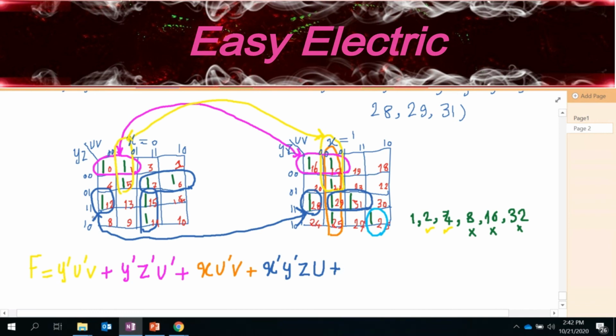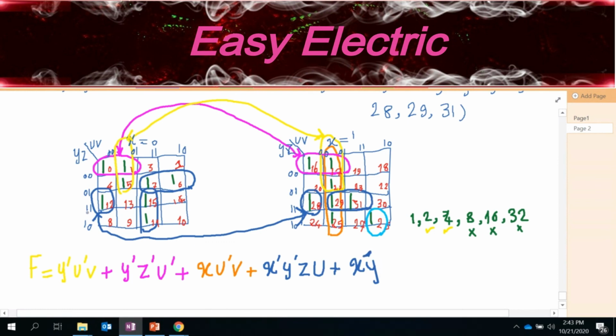So go to the 15 and 11. Y is 1 and 1. First is x. X here is 0 for both of them, and 0 gets a prime. Y is 1, 1, so you get y. So this is x prime y.